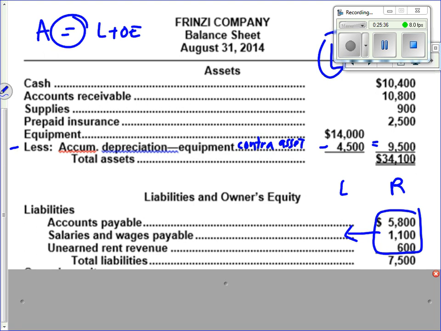Then you can say total liabilities, and I'd put the 7,500 over in the right because our math is done there. We are not double ruling just yet because of the word and. We've got to calculate our equity as well.